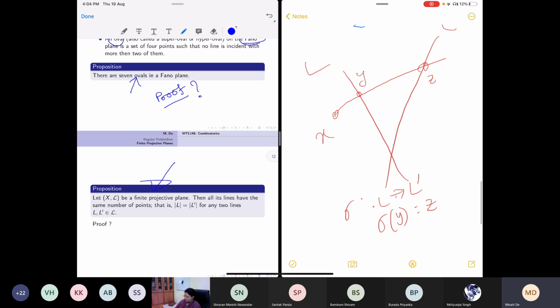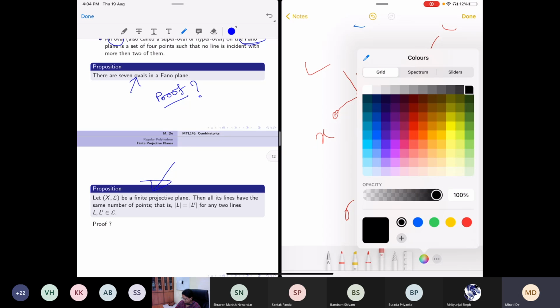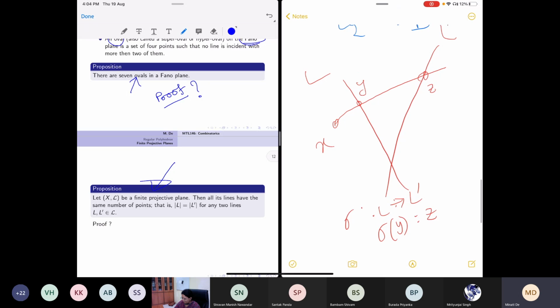Right. So now consider any arbitrary point z. If you draw this line xz, you will get one unique line, right? That line should also intersect the line L somewhere.